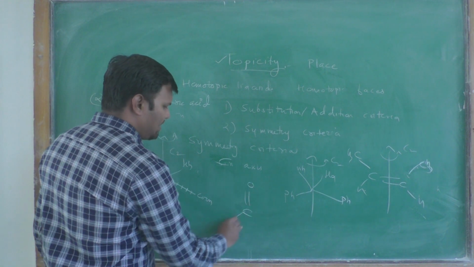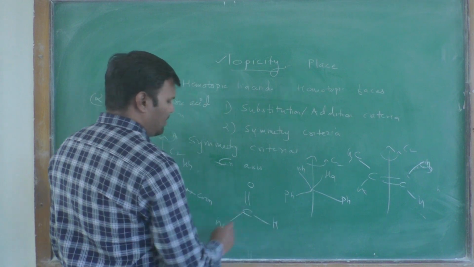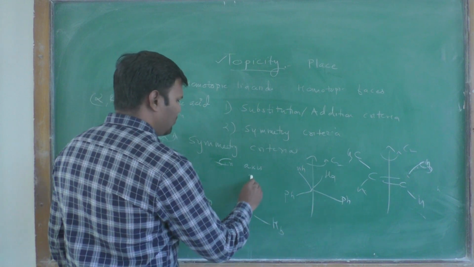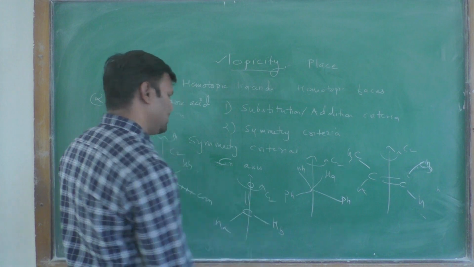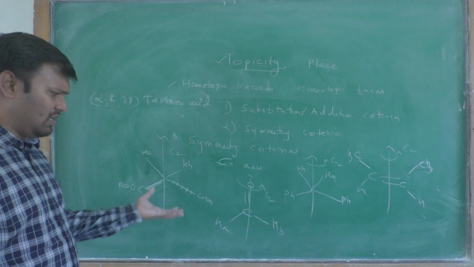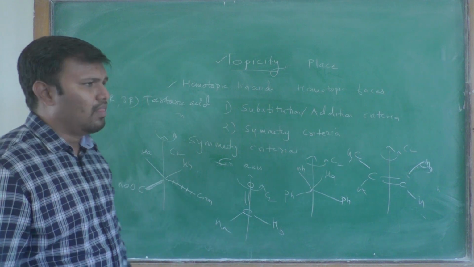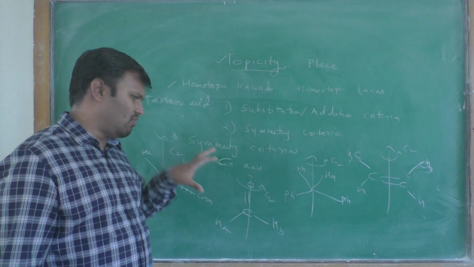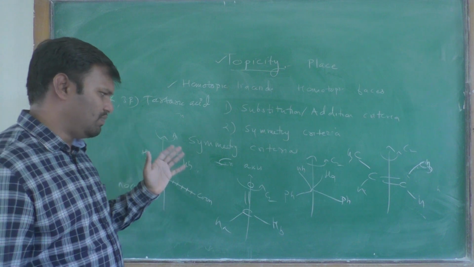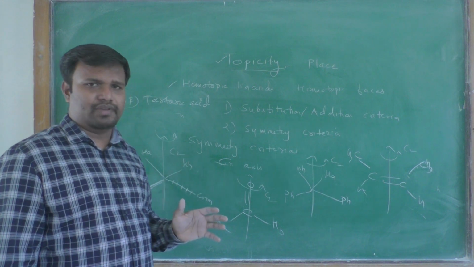Another example is formaldehyde, with HA and HB. When you rotate this about the C2 axis of symmetry, HA and HB are exchangeable, and therefore for formaldehyde the faces are homotopic faces.